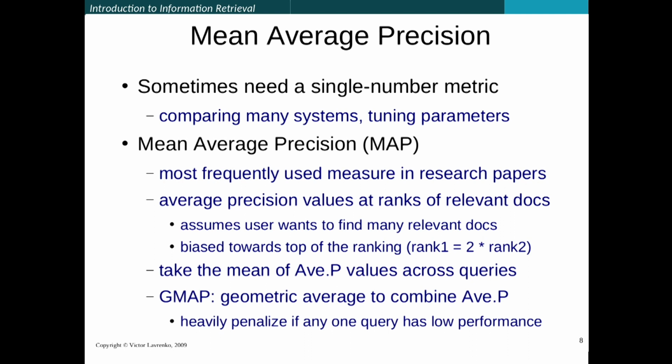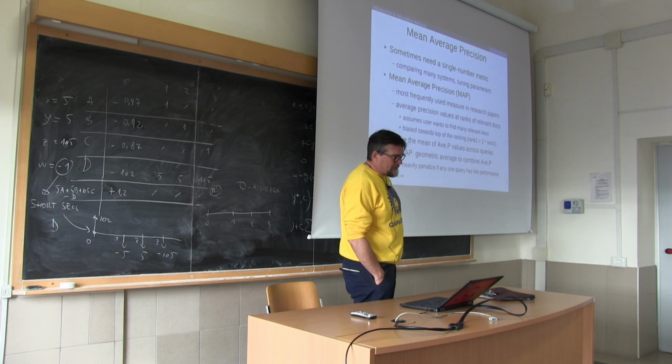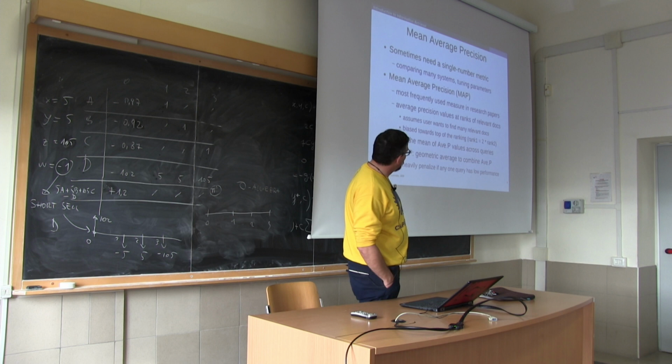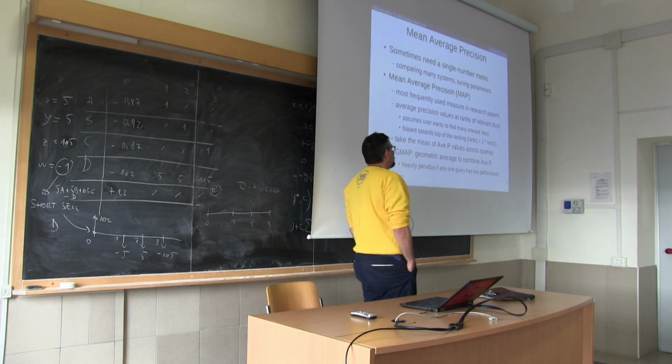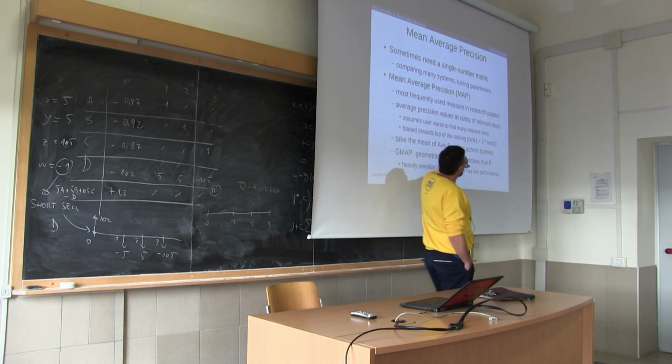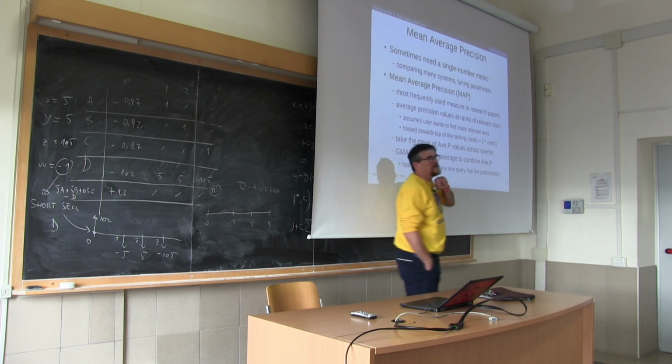Okay? And this is the purpose of the mean average precision, which is actually used in many research papers. What you can do is take the mean of the average precision across a number of queries.